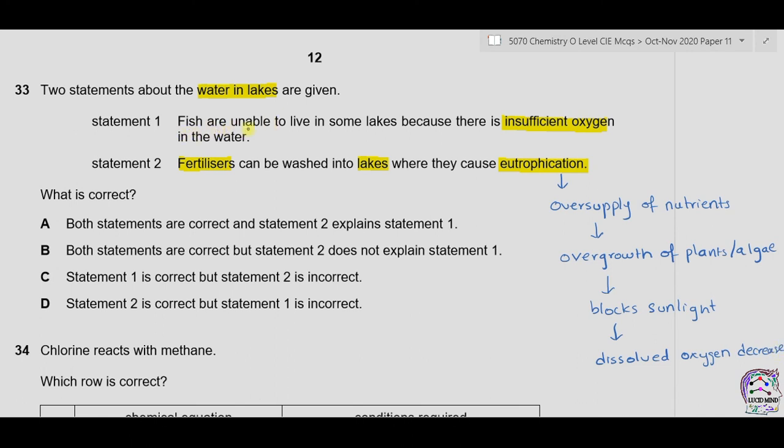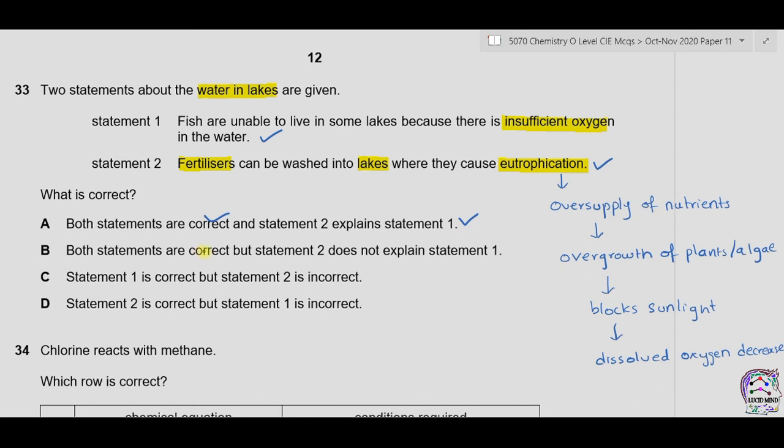Now statement 1 is correct because fish cannot survive in insufficient oxygen. Statement 2 is also correct because fertilizers can cause eutrophication. A. Both statements are correct, and statement 2 explains statement 1 as insufficient oxygen is caused by eutrophication, so A is correct.